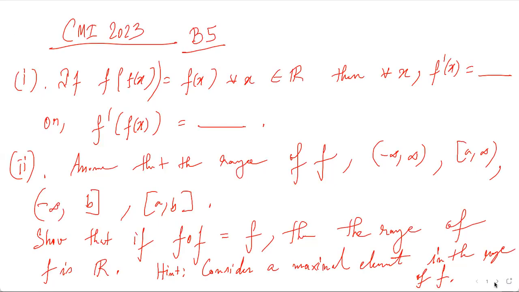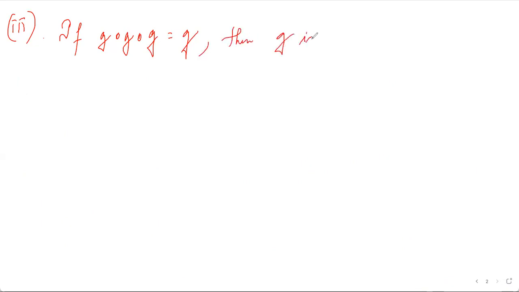That was part 2, and now coming to part 3, which was the most important one. If g satisfies g compose g is equal to g, so if I'm composing g thrice, again I'm getting back g, then g is onto.